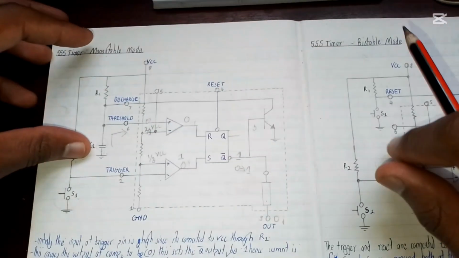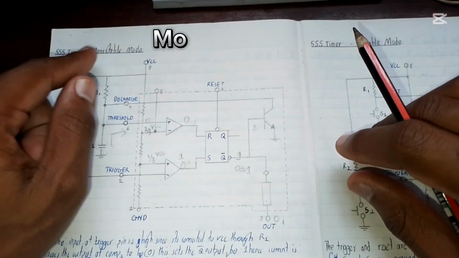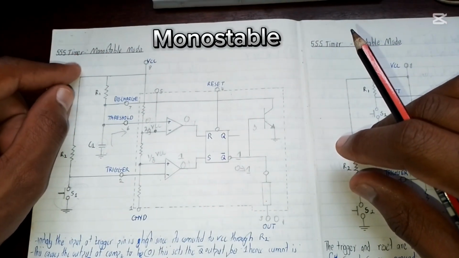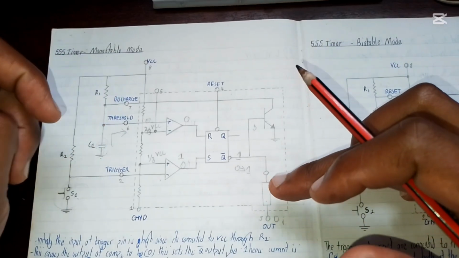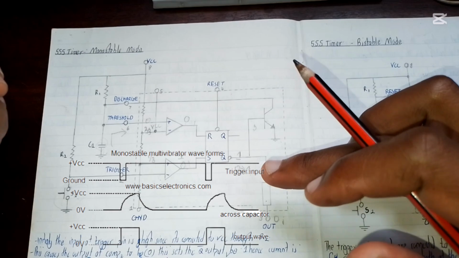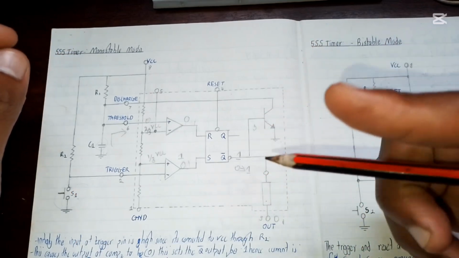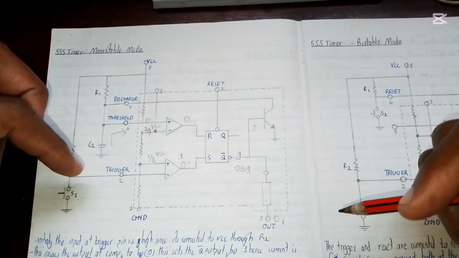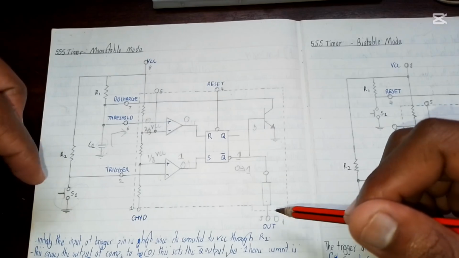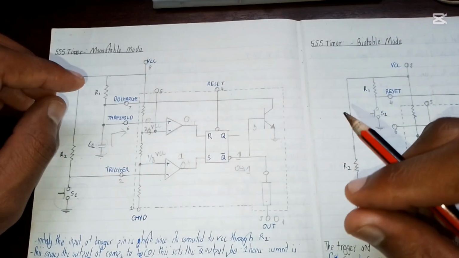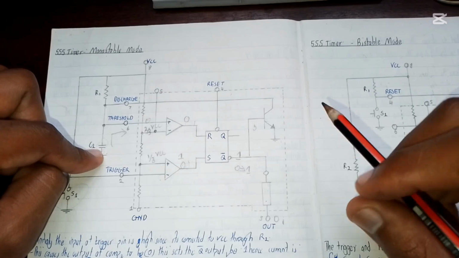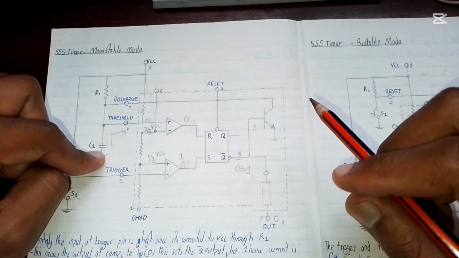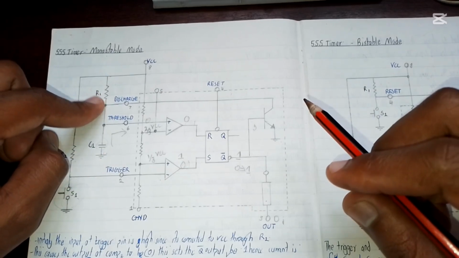Next video we did the monostable mode, and I tried to explain what happens. As you remember, we said that monostable just means that it has only one stable state. Once I pressed this switch, the output turned on for a specified period of time, which is determined by the circuit constants, this capacitance value and the resistance value right here.